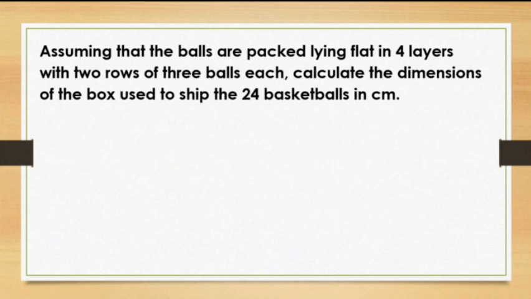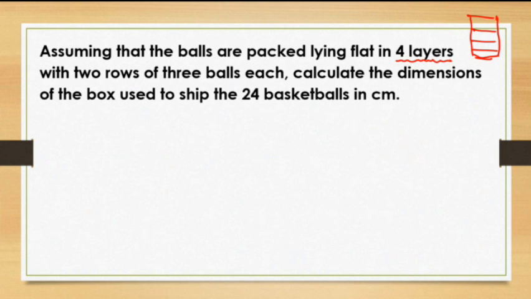Here's the question. It says, now, assuming that the balls are packed lying flat in 4 layers with 2 rows of 3 balls each. I think that's where people get confused. Know what the layers are. Layers means we are stacking things on top of each other. Know what the rows are.